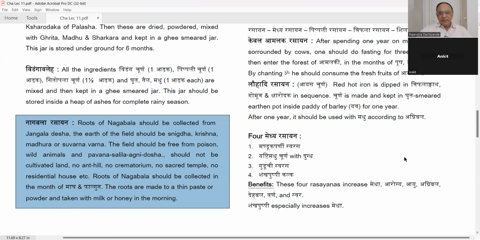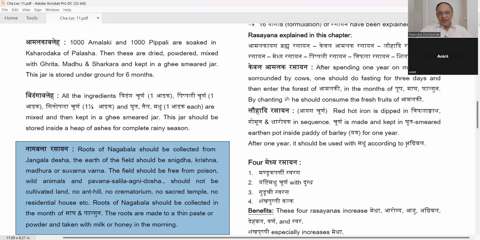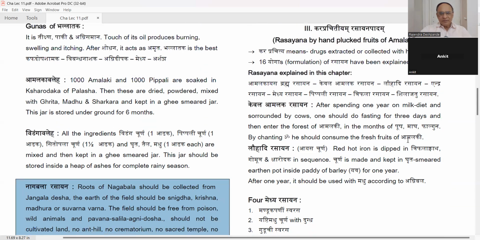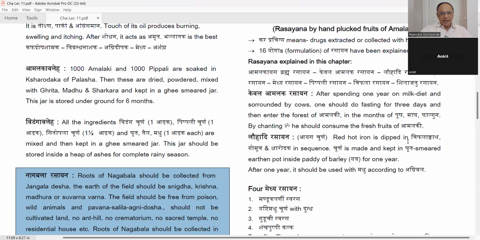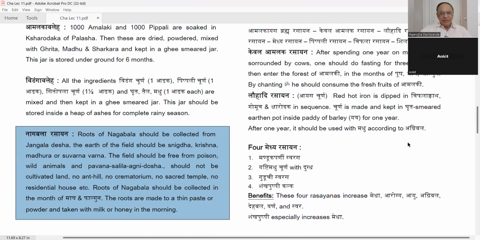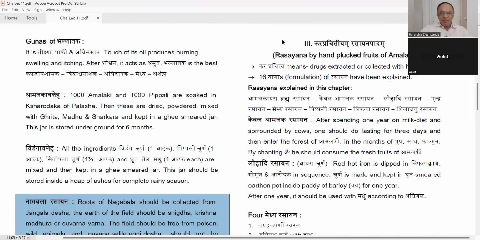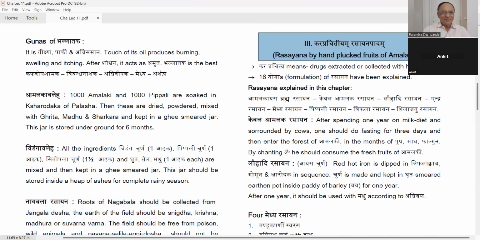Okay. Now I will shift to this right side. Now we are beginning with the next chapter, or section rather, chapter 2, Rasayanapada, where we will now discuss Karaprachitiya Rasayanapada. Can you see? Kara means hands.